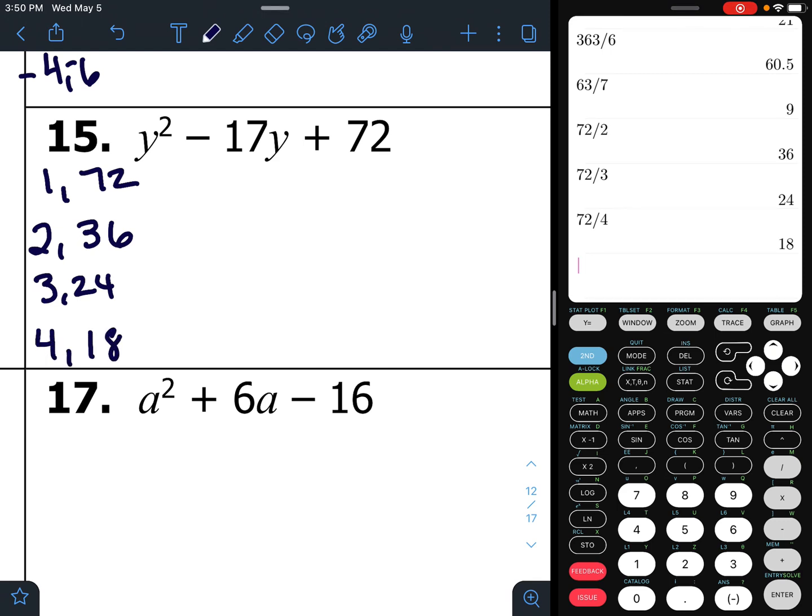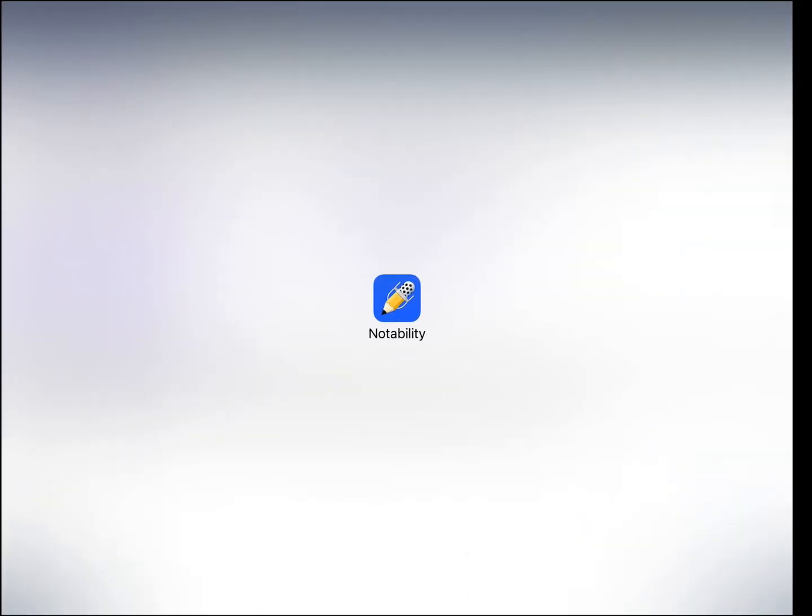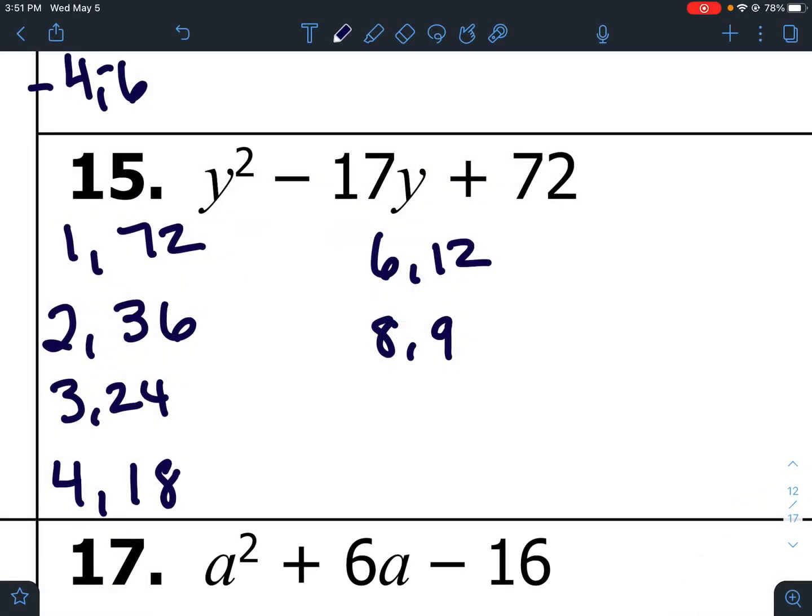I know it's not divisible by 5. Let's do 6. Nope. 72 divided by 6. There we go. So we have 6 and 12. Okay, we're getting closer. I know it's not 7. 8. There might be an 8. Let's see. 72 divided by 8. Yep, 8 and 9. Beautiful. So again, modeling the strategy here, just keep dividing it by bigger numbers until you get ones that are close.